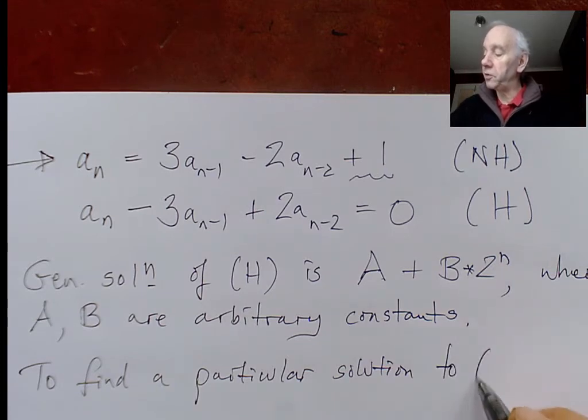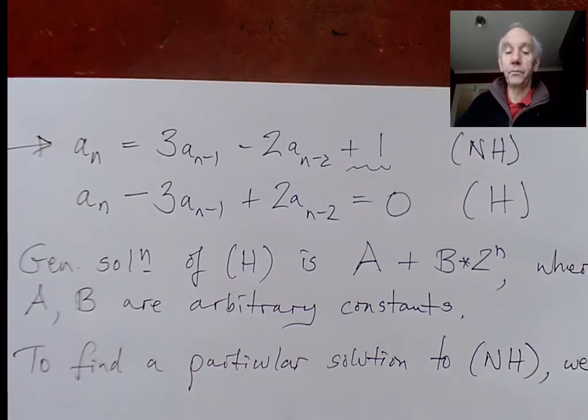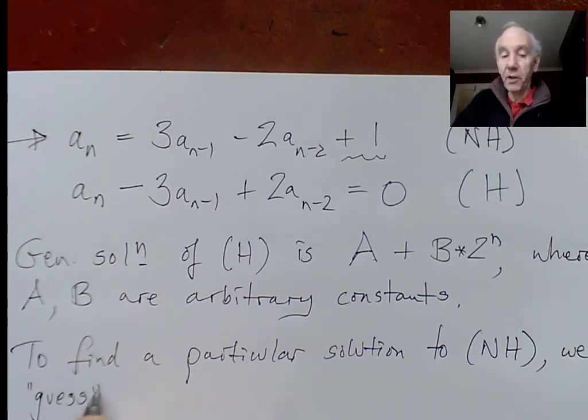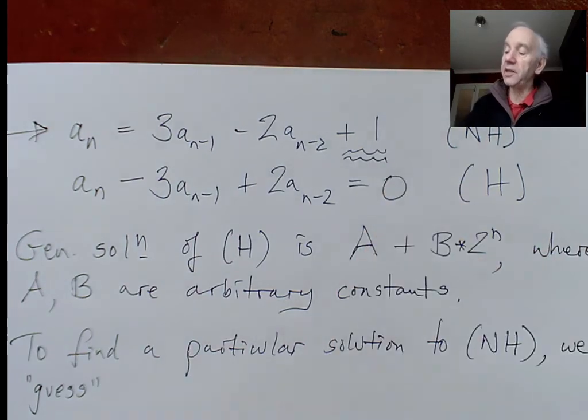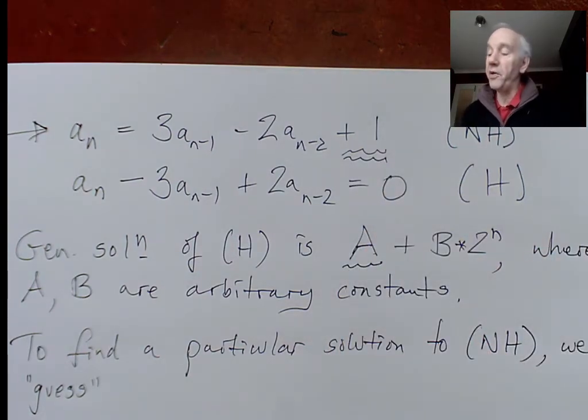to the non-homogeneous equation, we're going to sort of guess, if you like. It's not really a guess because I know what I'm doing, but we attempt to find a solution. You would normally try a constant, since this is a constant, but we saw that the constant solves the homogeneous equation, so there's no point in me taking a constant.